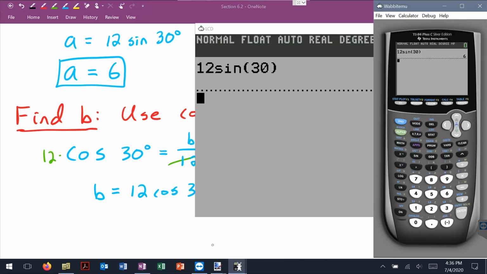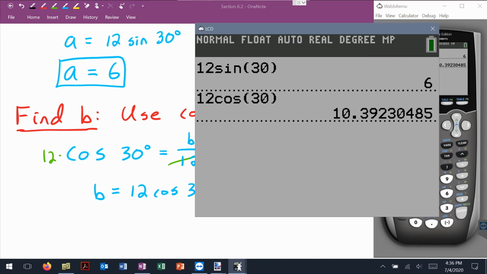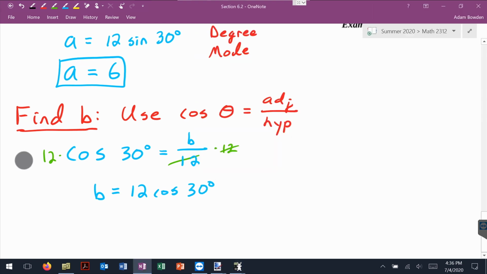Now if I use the calculator here and plug that in degree mode, it's going to tell me this much. So I'm going to round that to the nearest tenth. So I'm going to round that to 10.4. So B is approximately 10.4.